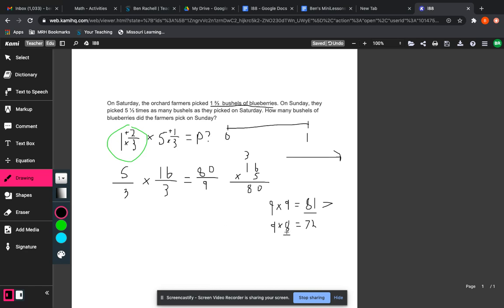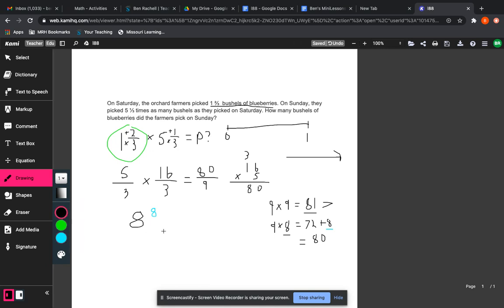So this 8 right here, these 8 groups, that's going to be where I get my large whole number from. And then because my answer is 72 and you have to add 8 to get to 80, that's going to be my numerator in my fraction. So I'm going to get 8.